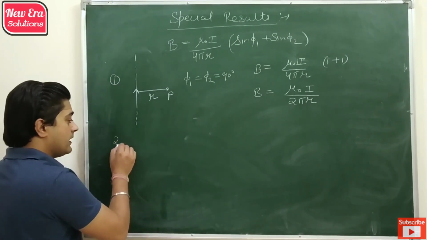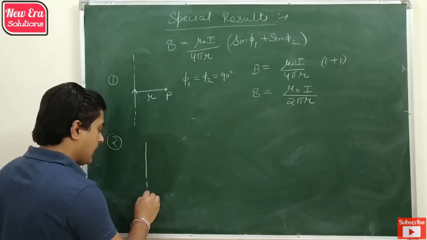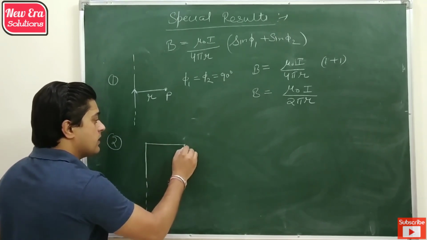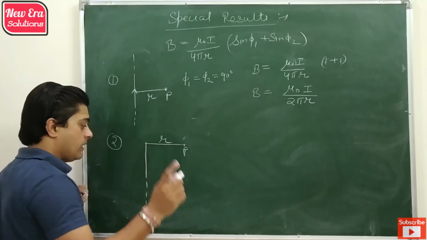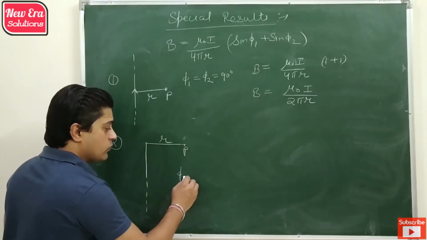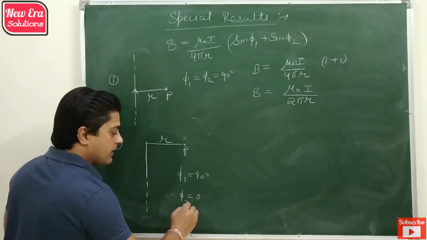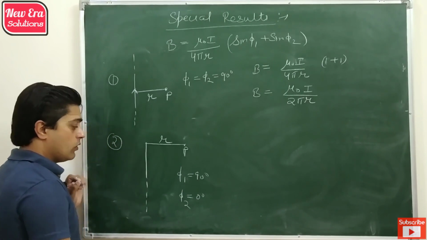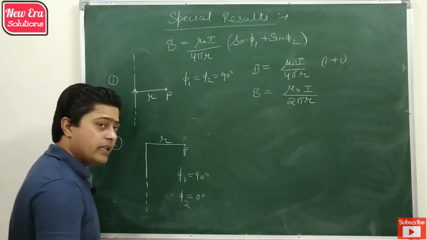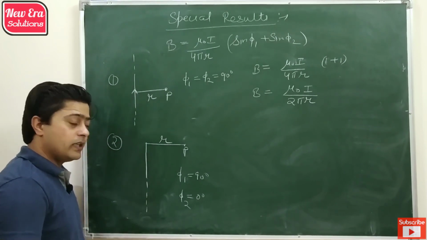In the second case, if we have a semi-infinite conductor in which the point is placed near one edge and the second edge is at infinity, in that case one angle is 90 and the other angle is 0. So maybe phi 1 is 90, phi 2 is 0, or phi 1 is 0 and phi 2 is 90.